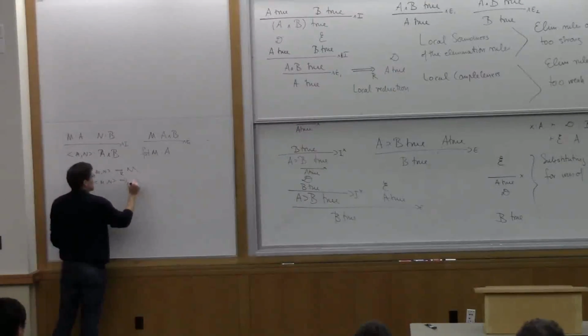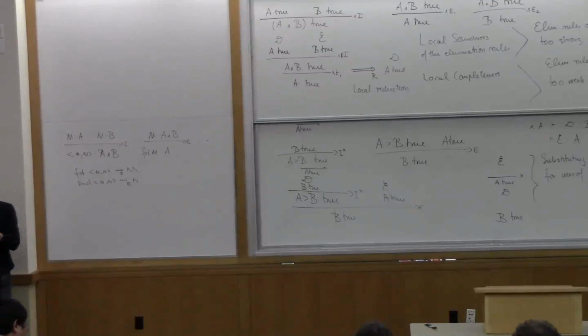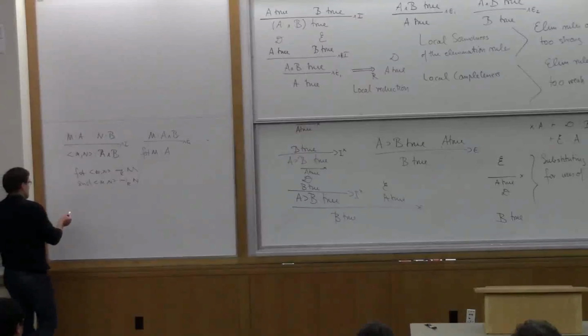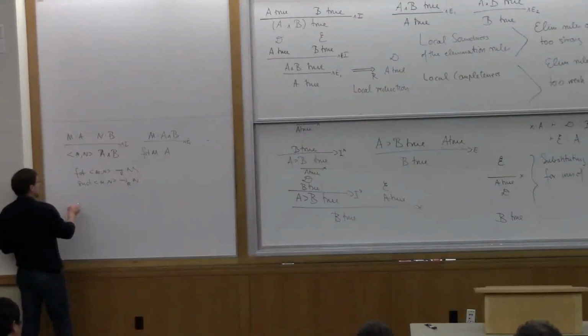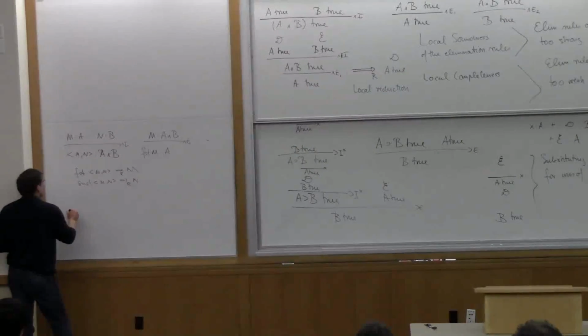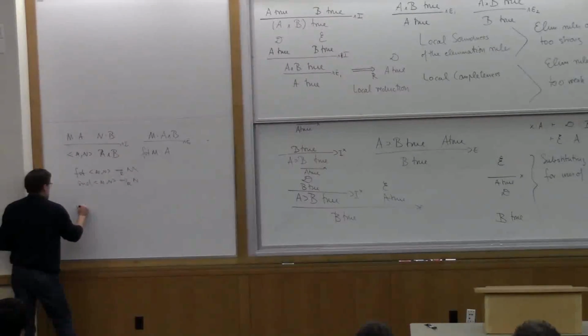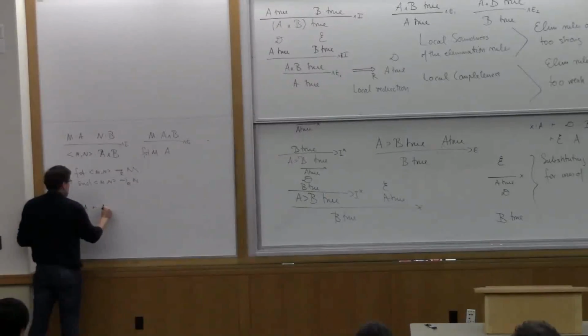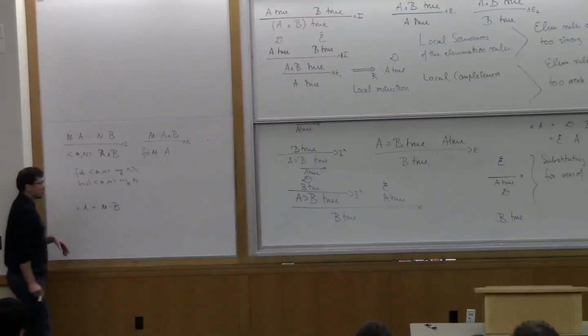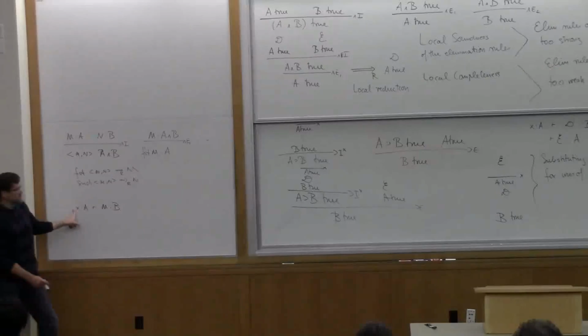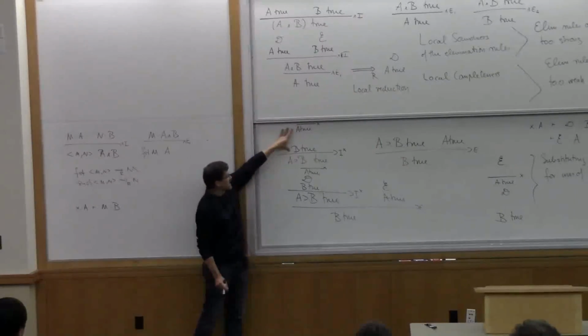Now we need to introduce the proof term notation for the lambda abstraction. For the implication, it's going to be lambda abstraction, so it's going to look like this. Under the assumption that X has type A, I can prove that M has type B. That's just a different notation for the same thing that I have here.